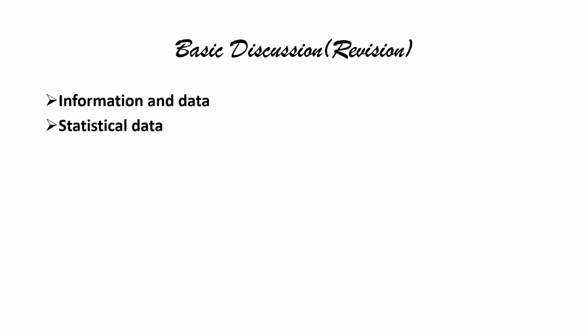Secondly, statistical data. There are two types of statistical data: primary or direct data and secondary or indirect data. Primary data are collected directly by the researcher or the organization.